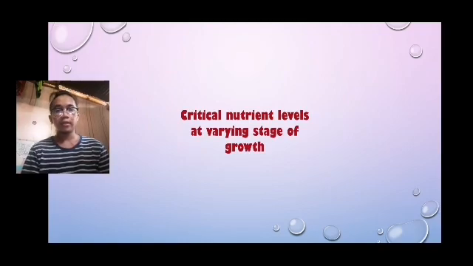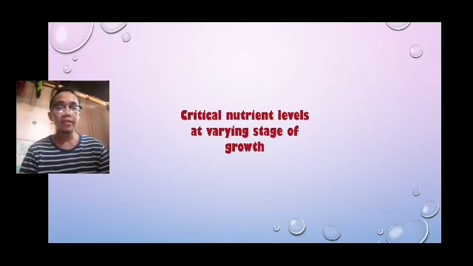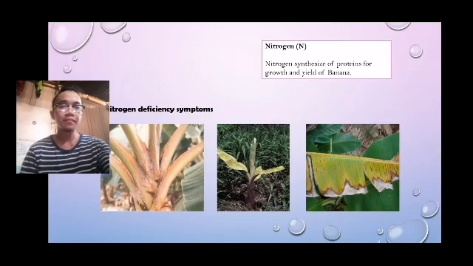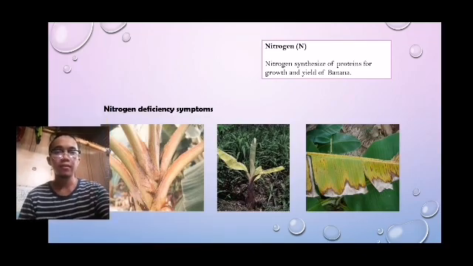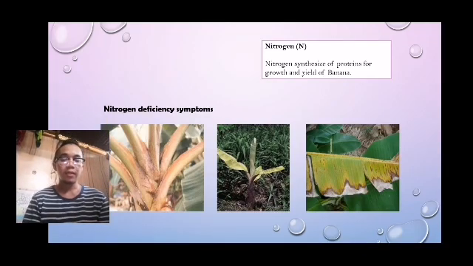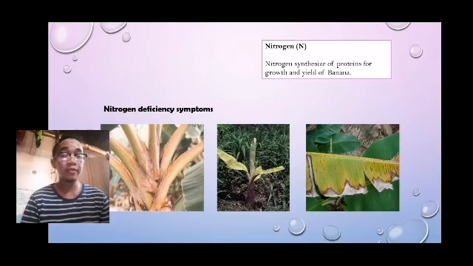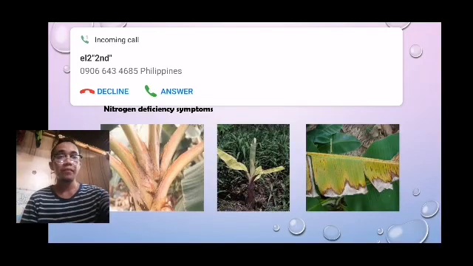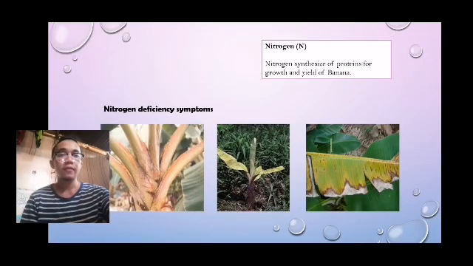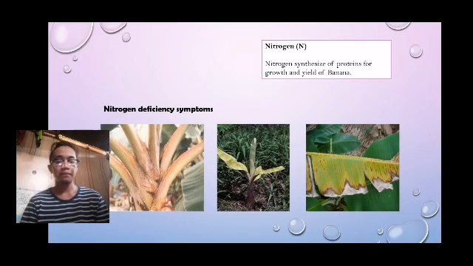And then the critical nutrient level at varying stage of growth of banana. So nitrogen. The use of nitrogen in early banana growth is the synthesis of protein for growth and yield of banana.